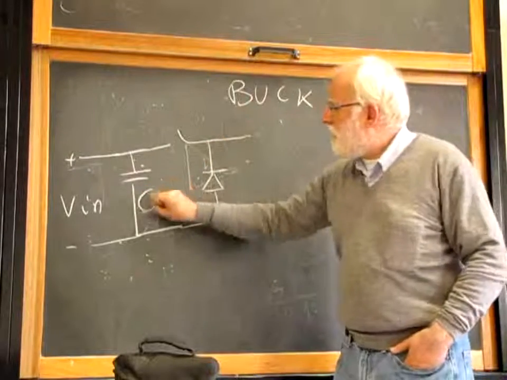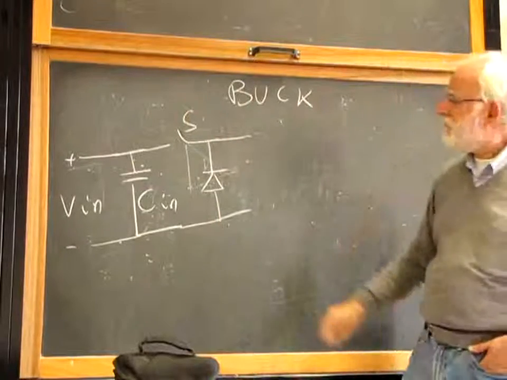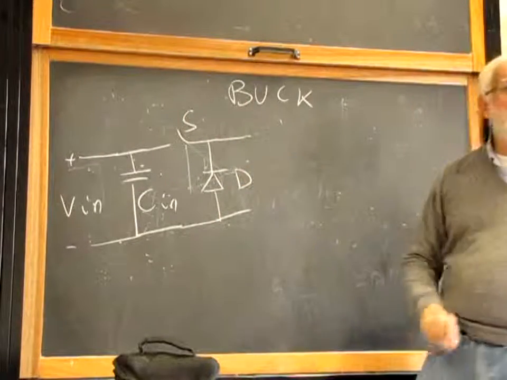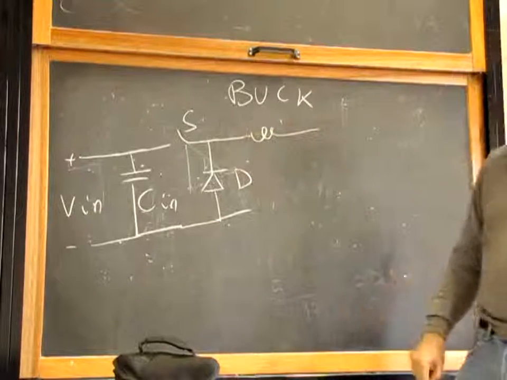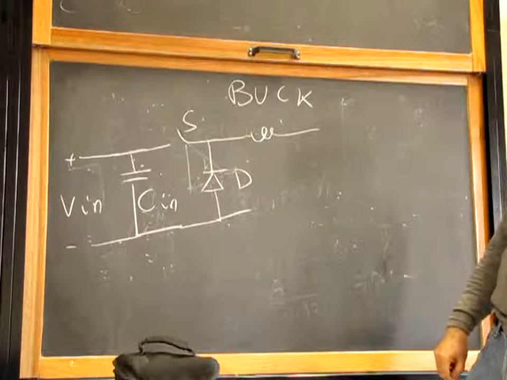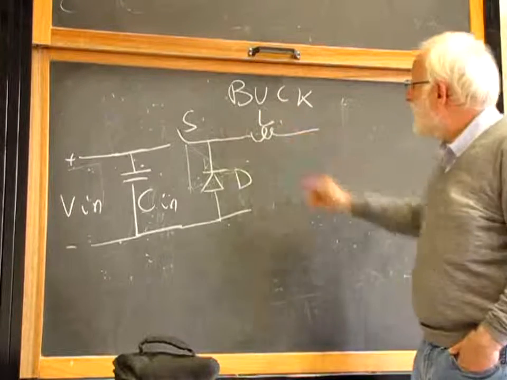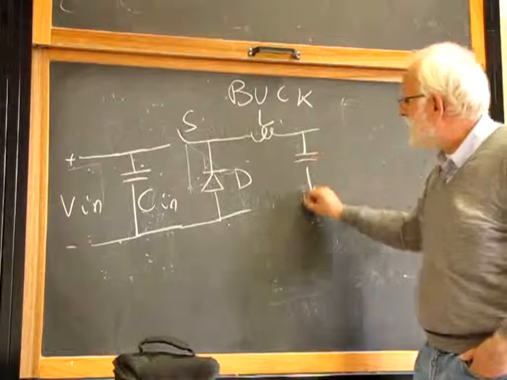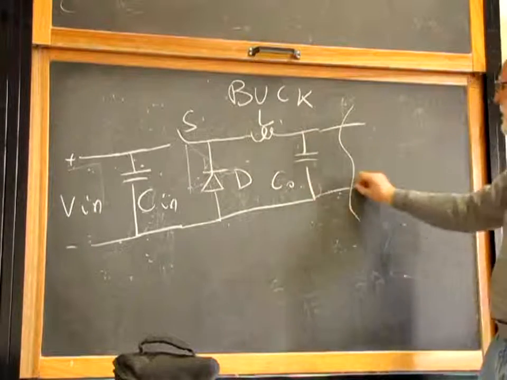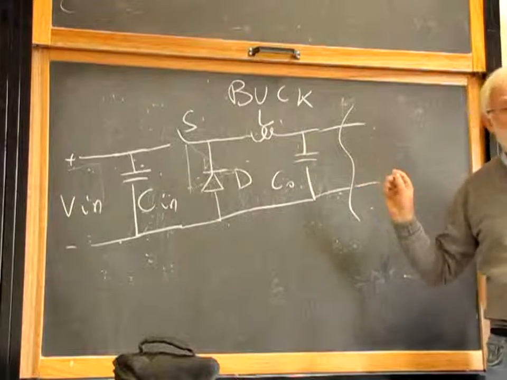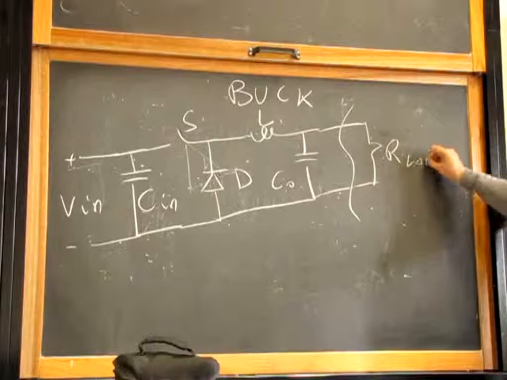There is an input capacitor, say C_in, a switch, S, a diode, D, an inductor, L, an output capacitor, C_out, and here there is our load resistance.